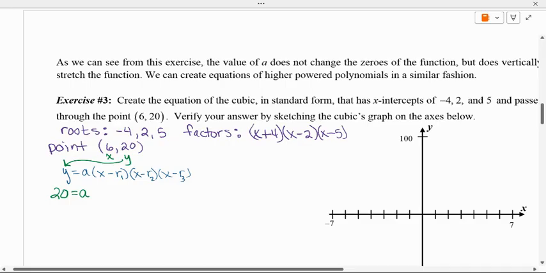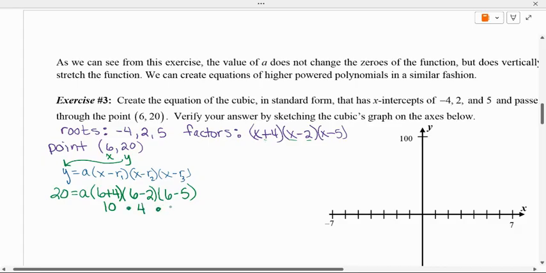20 equals a times, what is x? And what is our first root? So minus a negative 4 becomes plus 4. We're just using our factors, right? And then I have 6 minus 2. And then I have 6 minus 5. All right. What is 6 plus 4? And what is 6 minus 2?